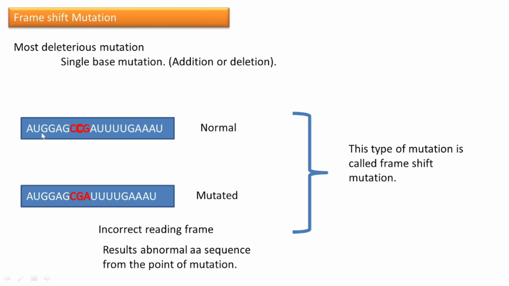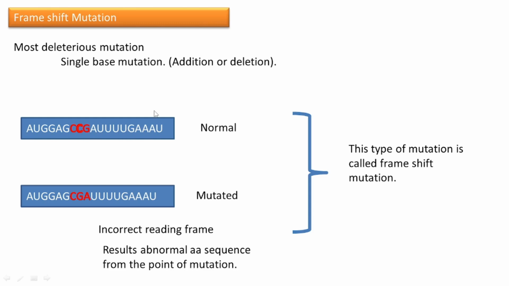Okay. Then look at this mRNA sequence. It is a normal one. We have already learned that three bases constitute one codon. In that way, AUG is the first codon, GAG second, CCG, and so on.